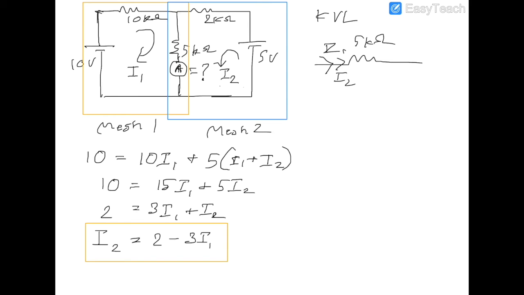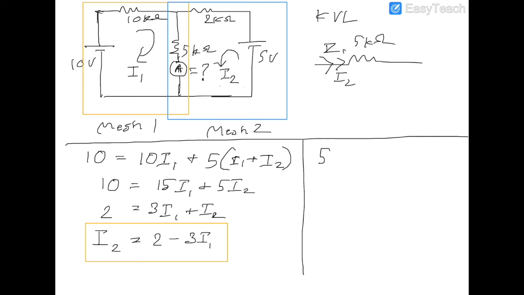So for mesh 2, I would have a voltage or an energy supplied, which is, let's see if there's a way to divide these. So this is going to be mesh 1. This is going to be mesh 2.